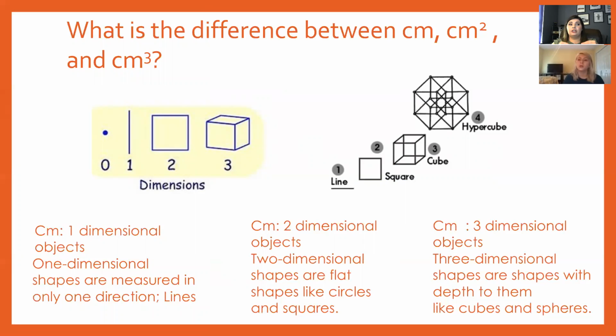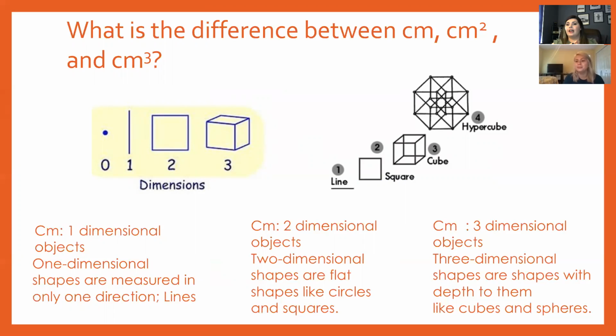One dimensional shapes are only measured in one direction. So those are going to be considered like our lines. Whereas two-dimensional objects are shapes that are flat, like circles and squares. And then our three-dimensional objects are going to be like us. We're three-dimensional, or like a 3D movie.